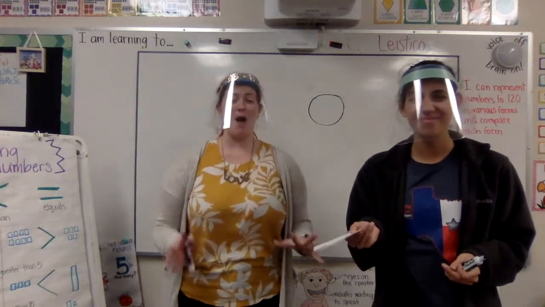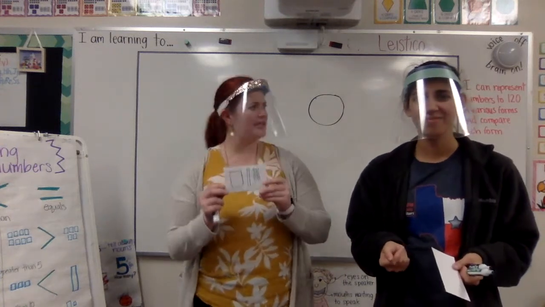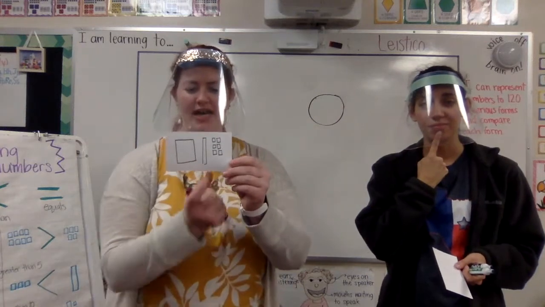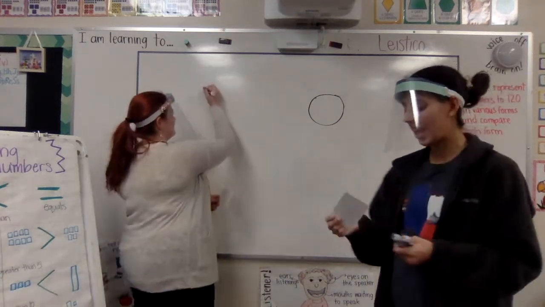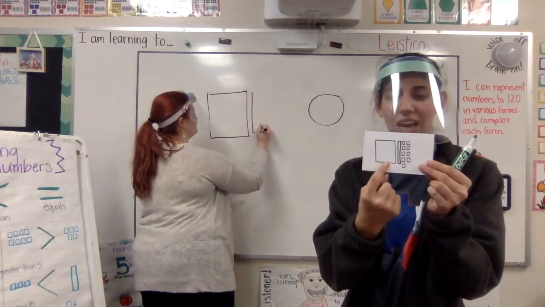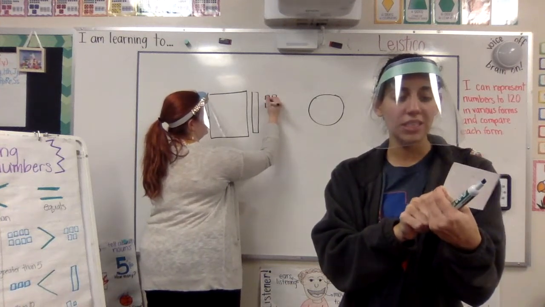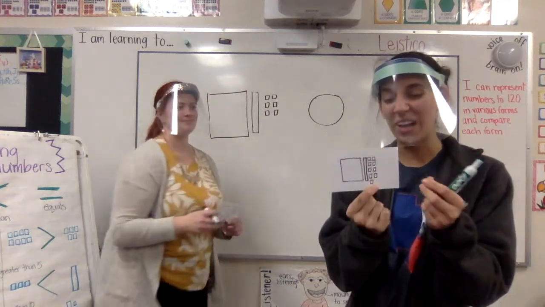Let's practice one more. Okay, I'm going to pick this card. And it's in picture form or base 10 form. I have 100, a 10, and 6 ones. So I'm going to go ahead and draw that on the board. All right, let's look at my card. Let's see. I have 100 and 110, and then 2, 4, 6, 8, 9 ones.